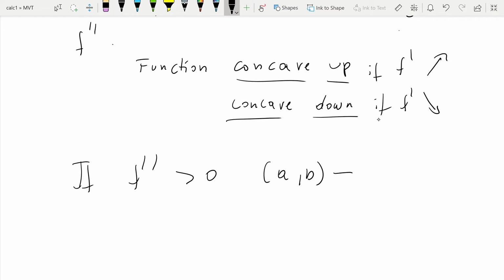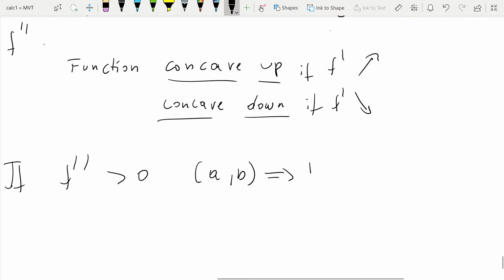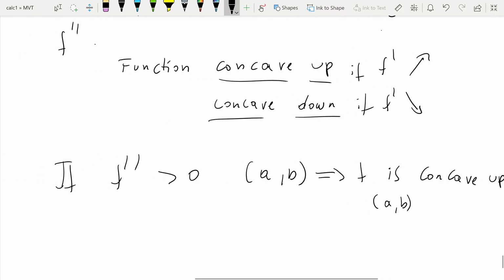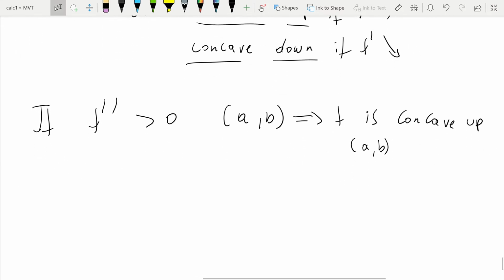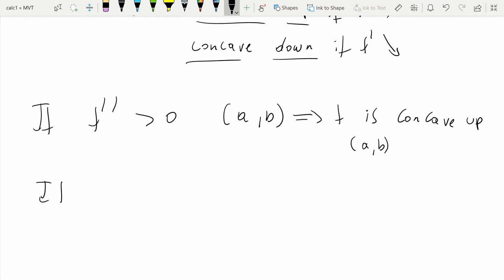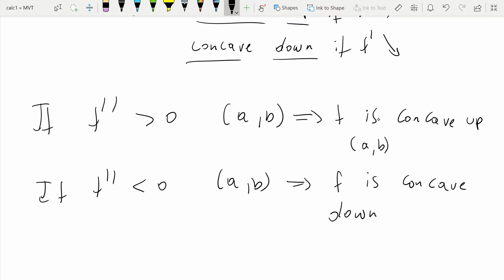So this implies that f is concave up inside (a, b). If f double prime is negative, on the other hand, then f is concave down on the interval (a, b).